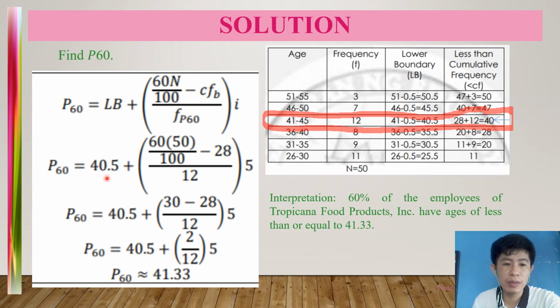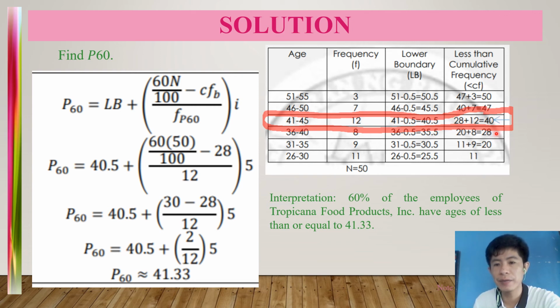P60 is equal to the lower boundary. And the lower boundary is here, under lower boundary, dito sa may circle natin, LB is 40.5. So just write 40.5 plus. Eto, we have 60 and N is 50. So, 60 times 50 all over 100 minus CFB. CFB is this number, the less than cumulative frequency below 40.